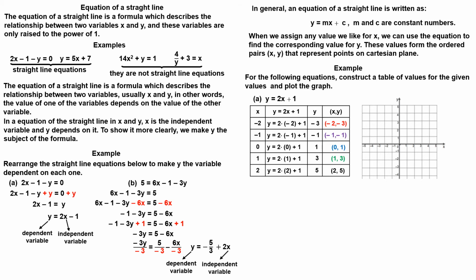Locate the points on the Cartesian plane. When we join the points, we make up a straight line. In fact, all points on this line are ordered pairs of this equation.